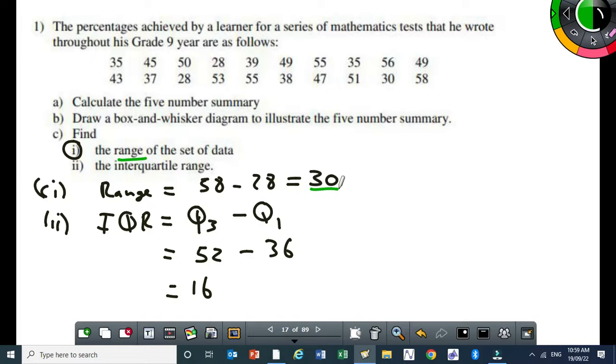Okay? And then the interquartile range is going to be Q3 minus Q1. Okay? So we found our value for Q3, we found our value for Q1, 52 minus 36, that will give us 16.